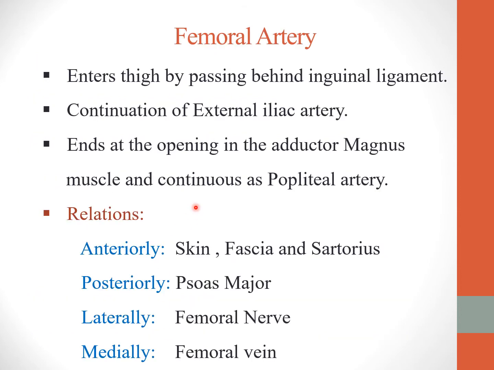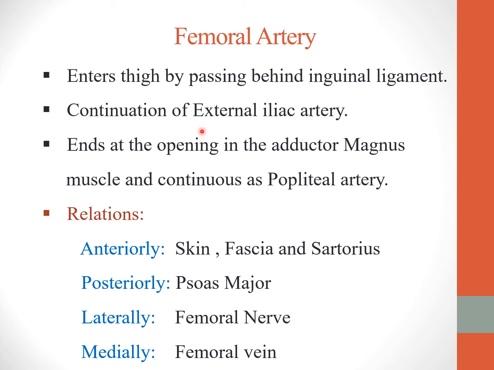So we start with the first, or the major artery, which is supplying blood to the lower limb, the femoral artery. The femoral artery enters high by passing behind the inguinal ligament, and it is a continuation of the external iliac artery, which is a branch of the common iliac artery.